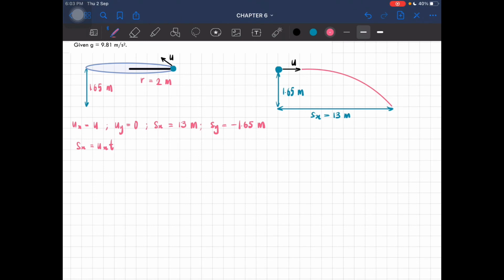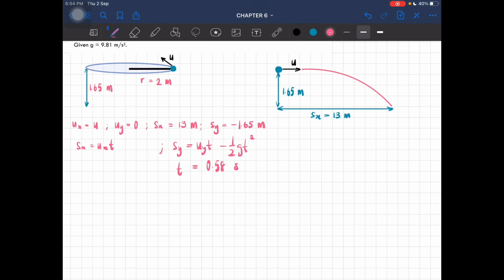Now we have to find the value of the time. So we can use sy equals uyt minus half gt square. Substitute the values, then you should get the time taken to be equal to 0.58 seconds.